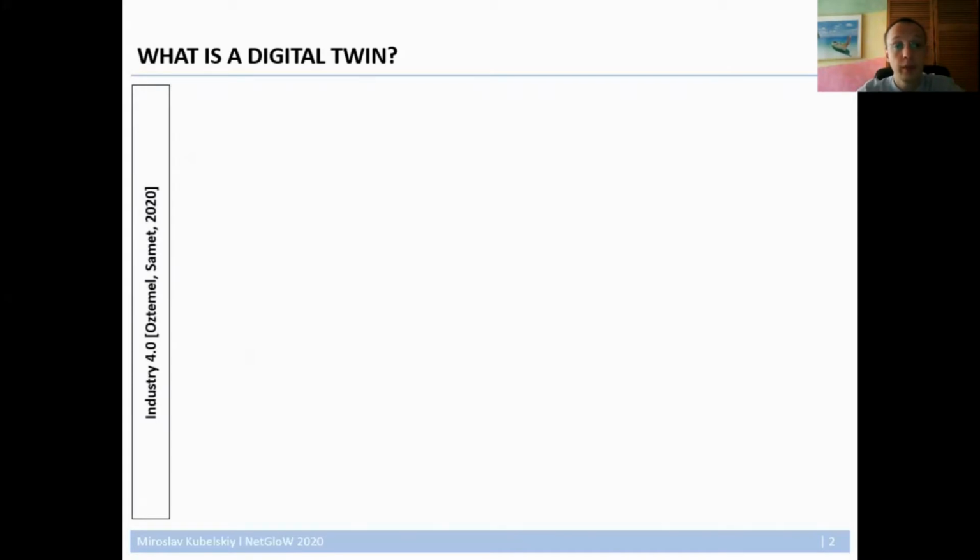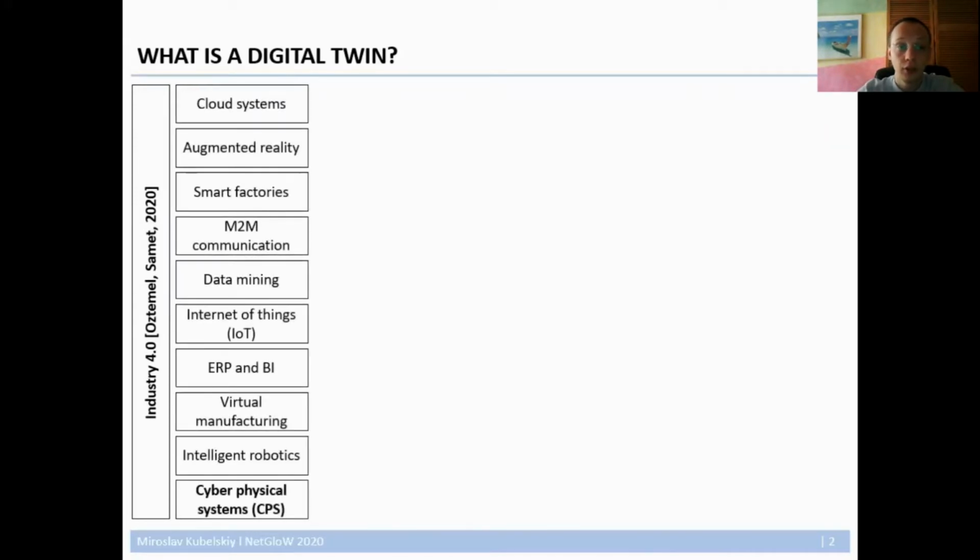According to ARCHIMATE and SAMET, Industry 4.0 consists of the following key technologies, such as cloud systems, augmented reality, smart factories, machine-to-machine communication, data mining, Internet of Things, enterprise resource planning and business intelligence, virtual manufacturing, intelligent robotics, and also cyber-physical systems.